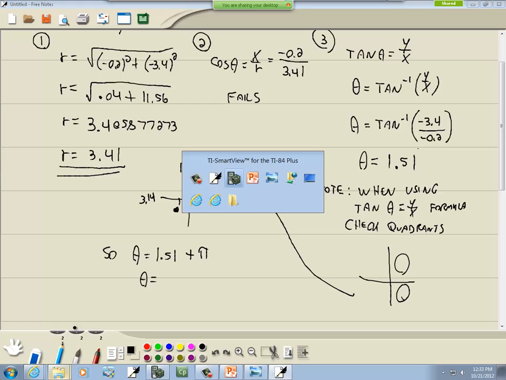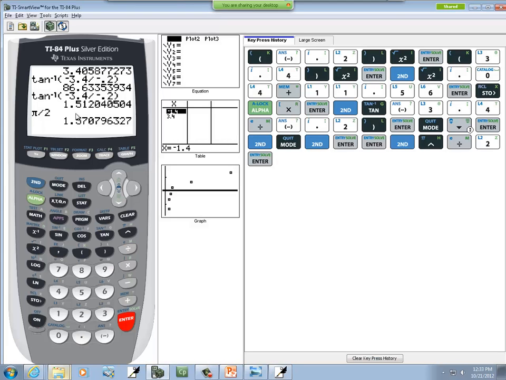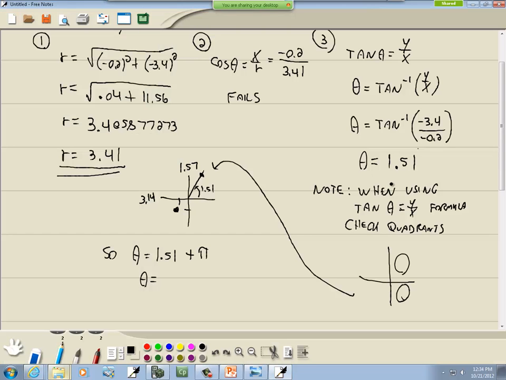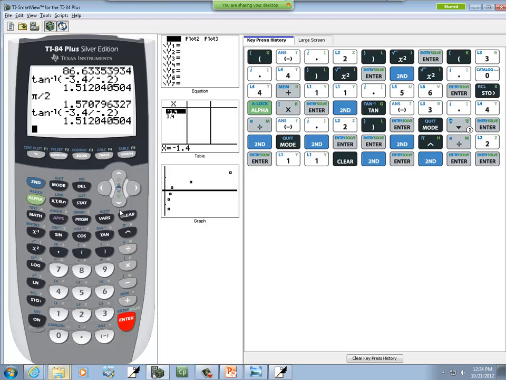So let's see what we get. We already have that in our calculator. No, we don't. I lied to you. It's right up here. But anyway, maybe I should use the original value. If I do second enter, it'll bring up the previous entry. If I do second enter, it brings up the next one, which is that right there. So this is what we have, 1.51. And I said I'm going to add pi.